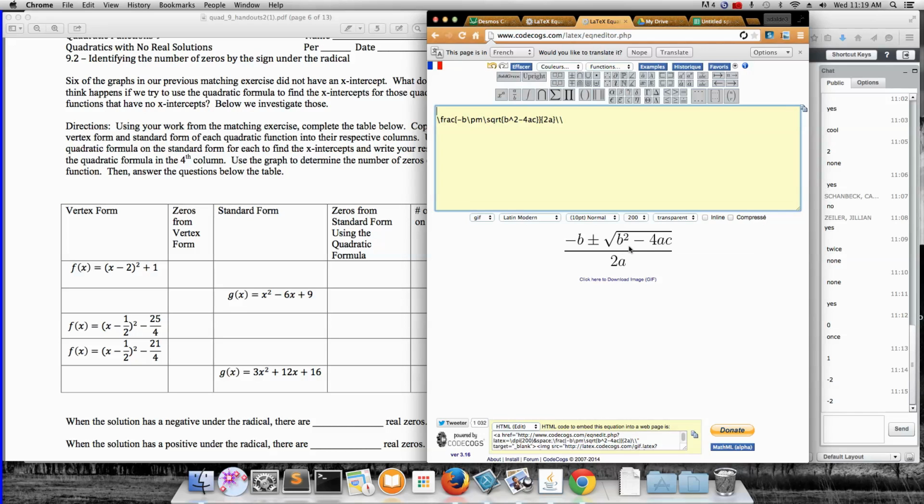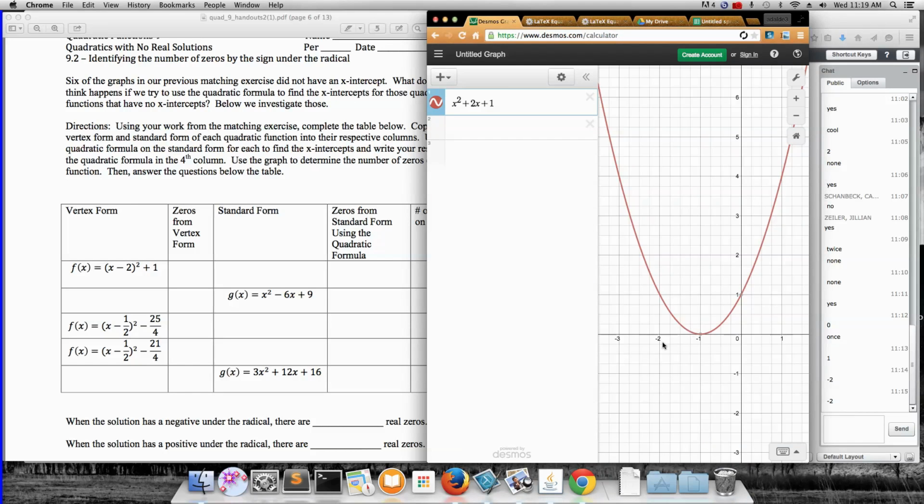If the discriminant is positive, then you will have 2 zeros, and you'll have to find them. If the discriminant is negative, then you're not going to have any zeros, and your parabola never crosses the x-axis. If the discriminant is 0, then you're going to have only 1 zero, and your parabola will just kiss the x-axis once, as in this case. Does this make sense to you?